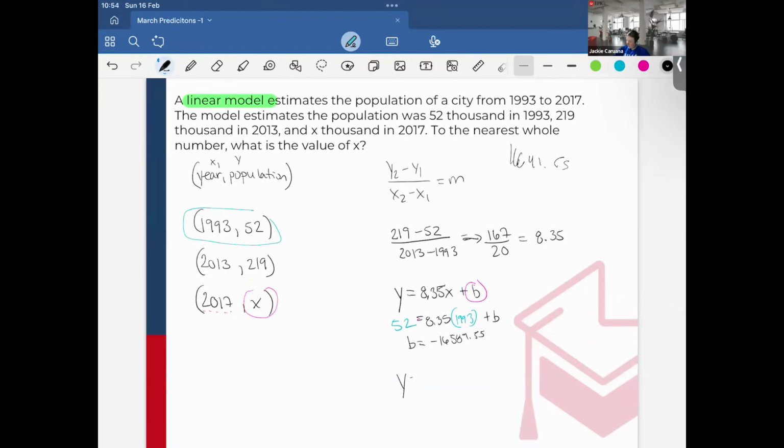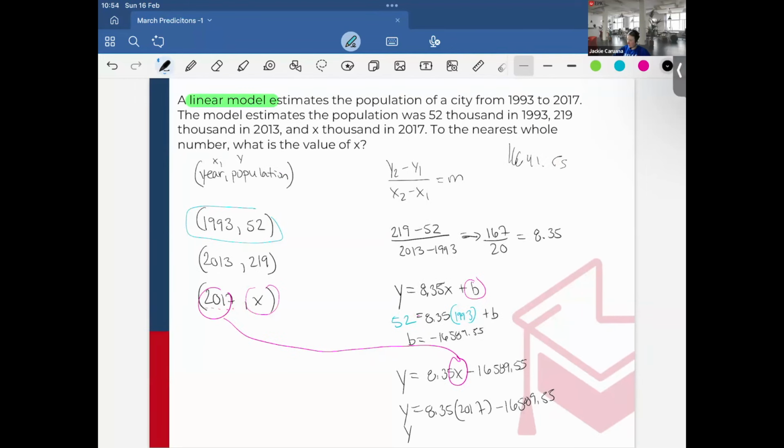So our final equation is y equals 8.35x minus 16,589.55. Final step would be to substitute 2017 in for the x value.